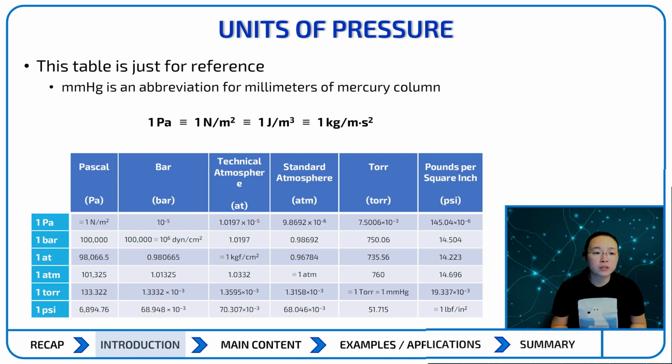So this is just a reference table in case you're looking at pressure and you're given a number with a specific unit. You can use this to convert between different standards. So that's just presented for your knowledge. And the only time it would be useful is if you're working through a problem and we give you a number that is, for example, 5 torr. Then you'll have to convert the torr to whatever is required for you to finish the problem.